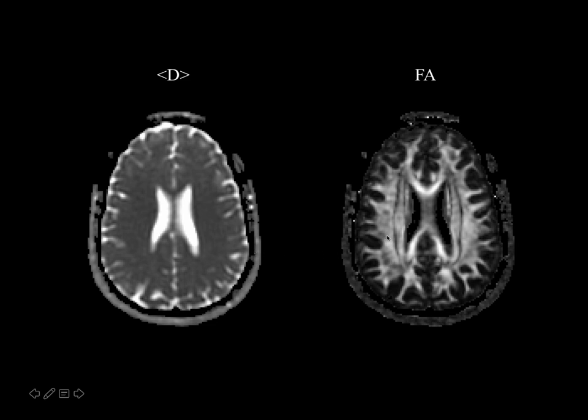In the fractional anisotropy, now you can start to see the difference between the white matter and the gray matter, because the white matter has a much higher fractional anisotropy, where the gray matter has a much lower fractional anisotropy, because it doesn't have the same kind of coherent structure.